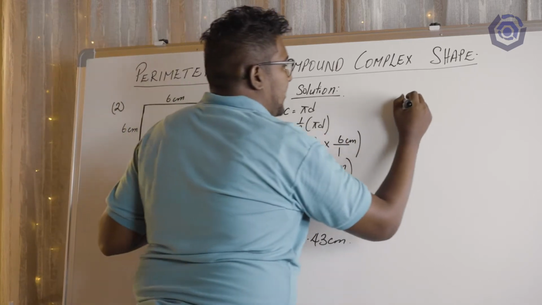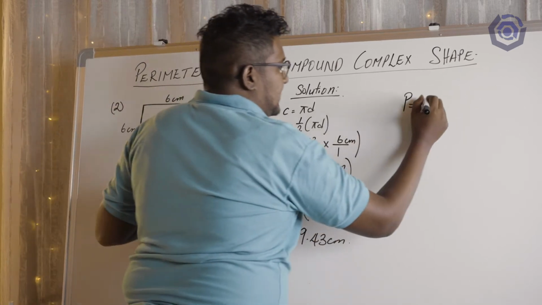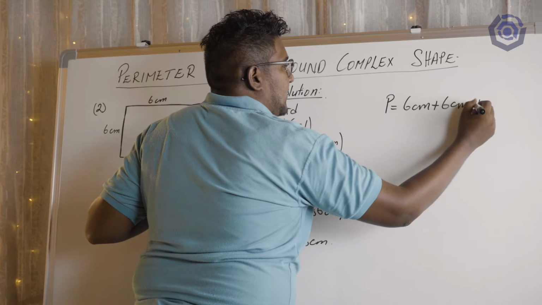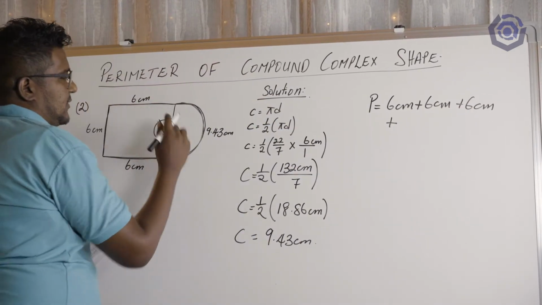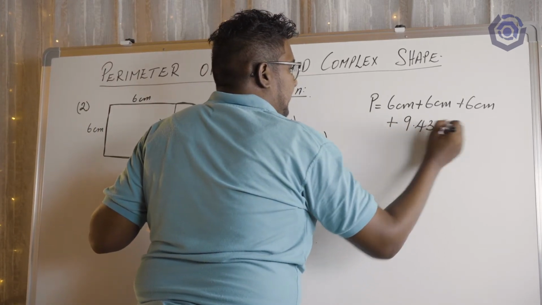So let's go. So the perimeter is equal to, let's start here. So it's going to be 6 cm plus 6 cm plus 6 cm plus this piece here, which is 9.43 cm.